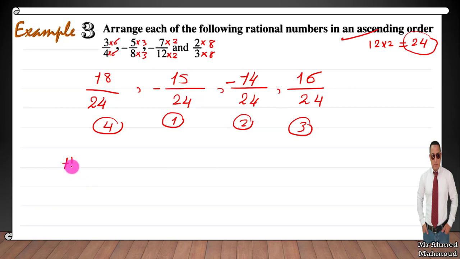Finally, I'm going to write the order. The least number, number 1, is negative 15 over 24, which originally is negative 5 over 8, and negative 14 over 24, which originally equals negative 7 over 12.